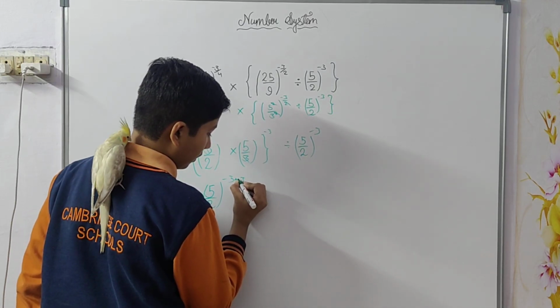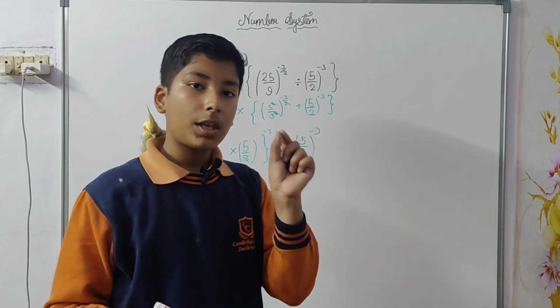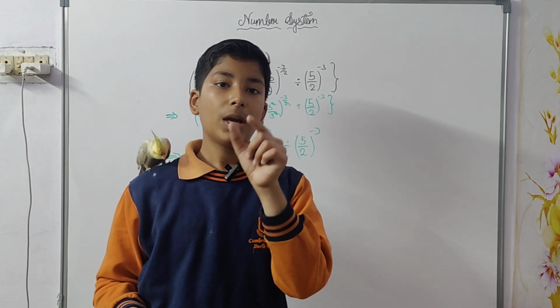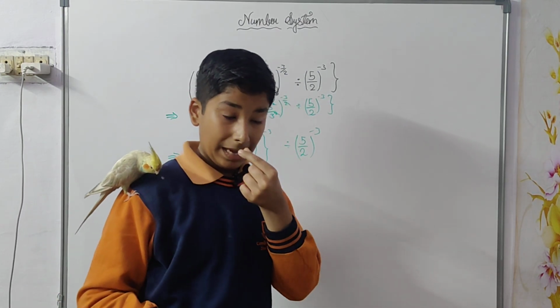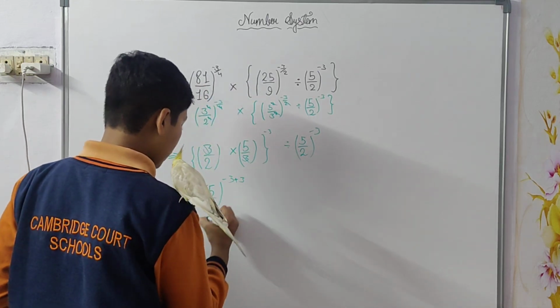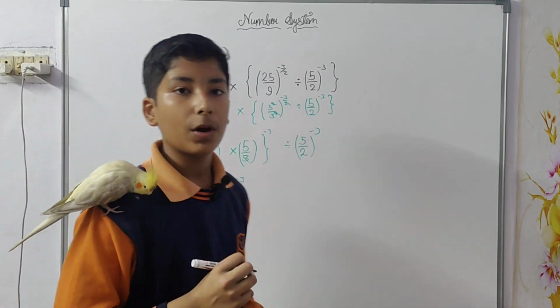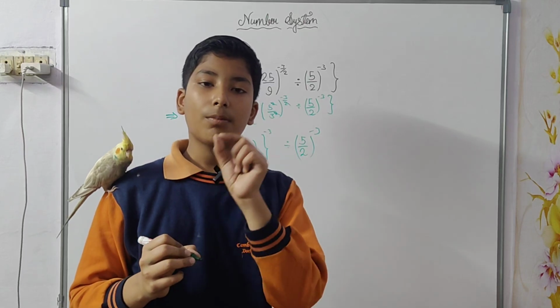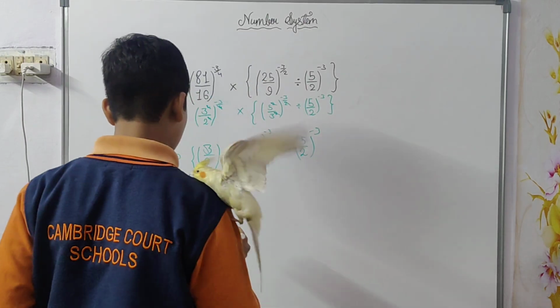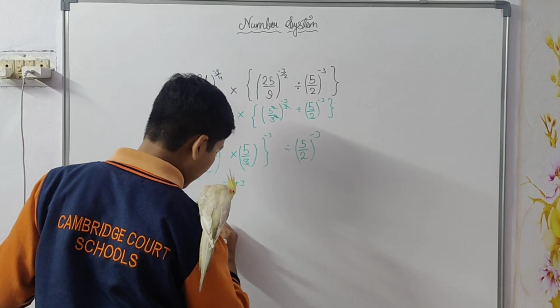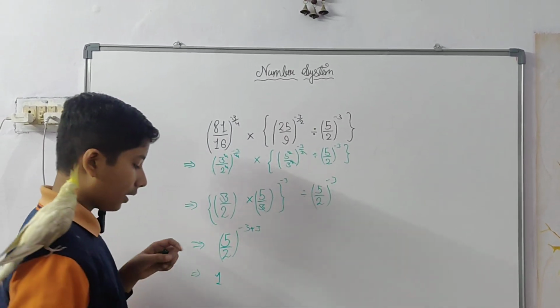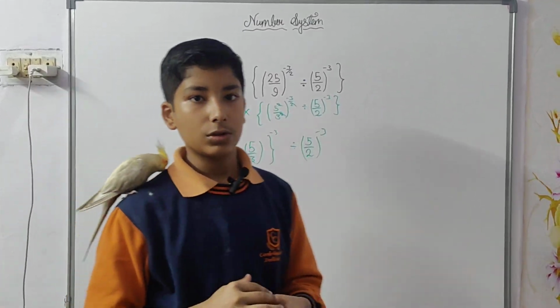Plus 3. Why? Because minus 3 minus minus 3. So minus minus will become plus, and minus 3 plus 3. So it will be 5 by 2 to the power 0. And we know that any number to the power 0 is always 1. So 1 is our answer of this question.